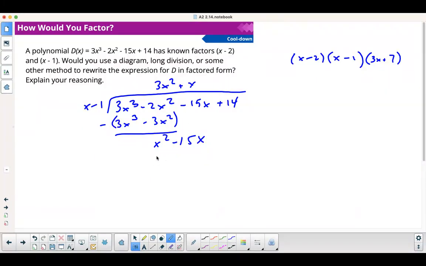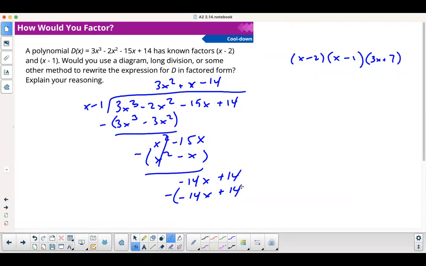And then I multiply. And then I subtract. This becomes a plus, so I get negative 14x. And then that's minus 14. And then I subtract, and that gets me down to 0 because they cancel.